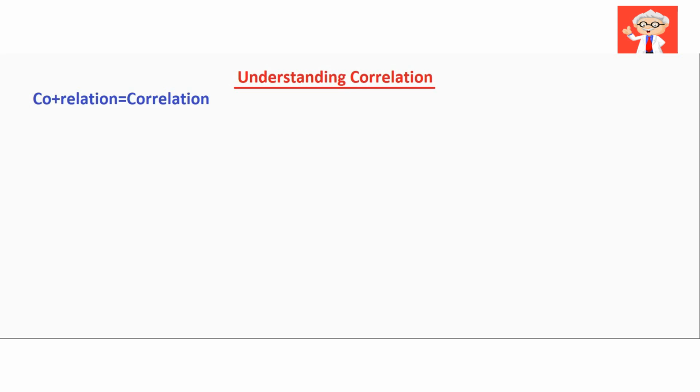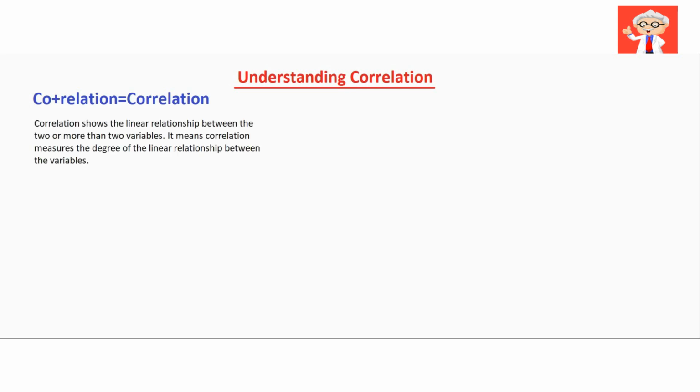Let's see the definition. According to the definition, correlation shows the linear relationship between two or more than two variables. It means correlation measures the degree of the linear relationship between the variables.